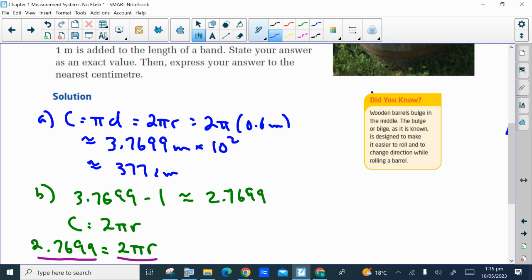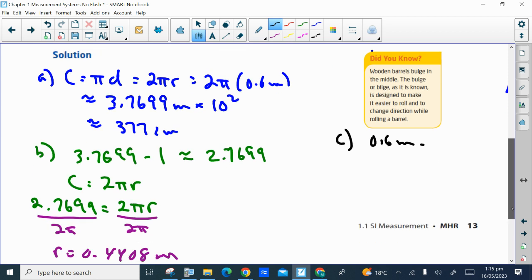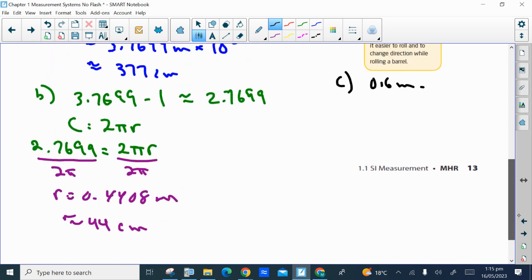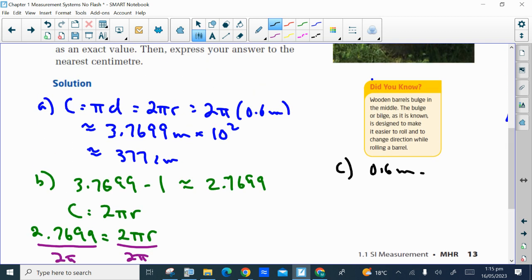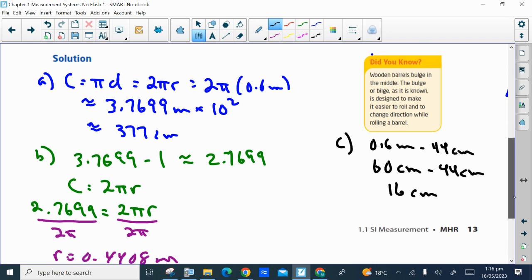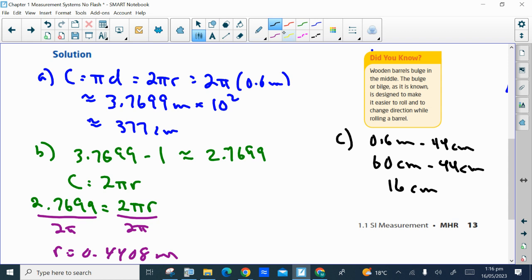So that's what we need to do for part C. It does ask us to write it in centimeters, so we convert this 0.6 meters to centimeters. And so that is a difference of 16 centimeters. That is the difference between the two radii.